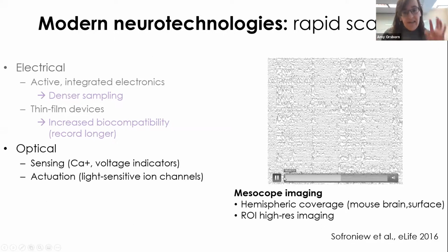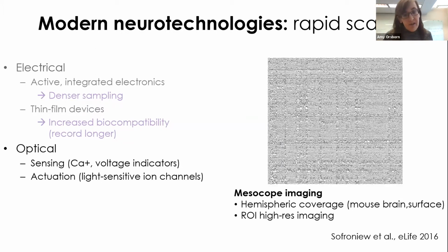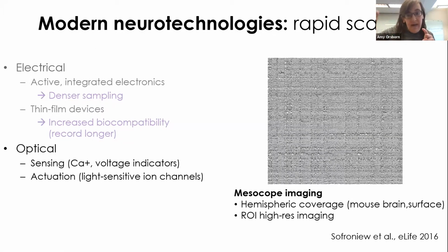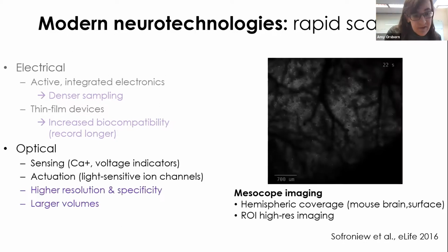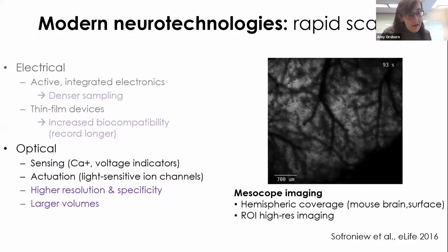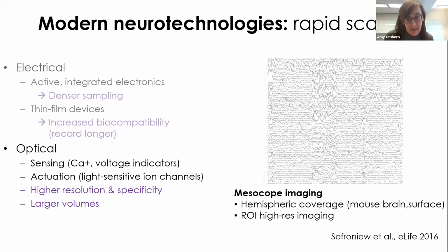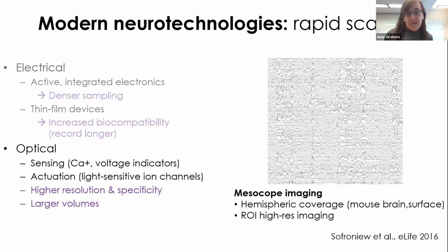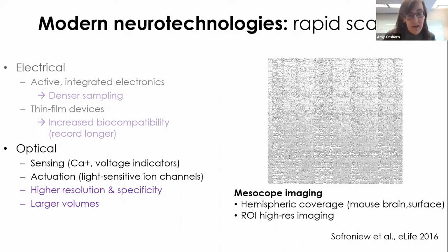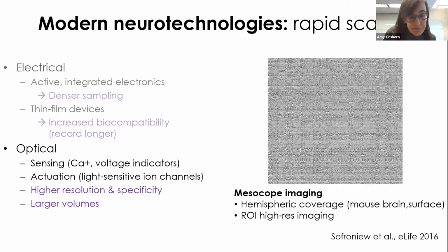And then when you look at each individual neuron with high resolution imaging, you can get a time series of how activity is changing in that neuron over time. These optical approaches have really allowed a huge advance in the resolution and specificity of the measurements we can make, because you can also genetically target these indicators to show up in certain kinds of cells, but we can also do this over much larger volumes as well.